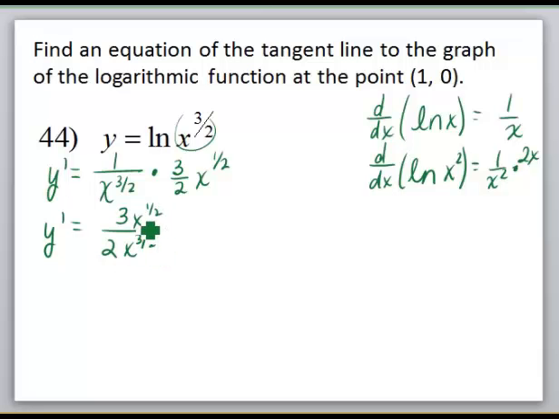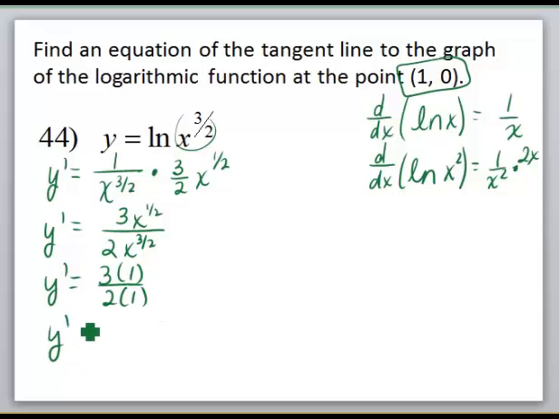So I get my 3 x to the 1/2 on top and all of this on the bottom. Now I'm really concerned about just at this point, so I'm going to plug in 1. So I end up with 3 times 1 over 2 times 1. So the slope of the tangent line to the curve is 3/2.